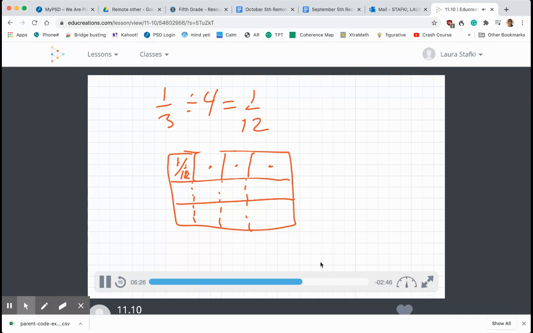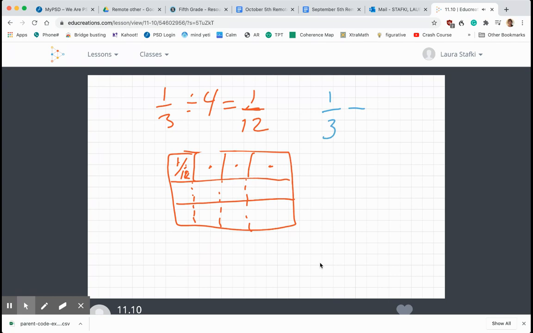I'm going to back up just a little bit because I remember that I taught you the trick as well, and I want to remind you of that. So on this problem, we've got 1/3 divided by 4. I'm going to rewrite it as 2 fractions. And then remember that number rock video, that's keep it.